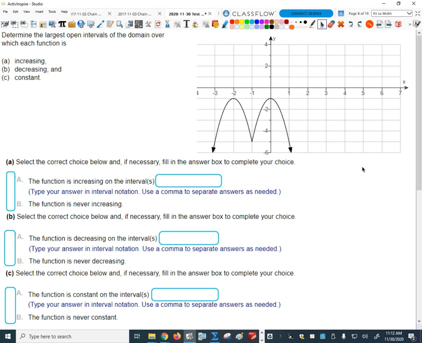Okay, what about this? Now we're back to the increasing, decreasing, constant stuff, right? So they gave us a graph of a function in this case, and they want us to define the open intervals where the function is increasing, decreasing, constant. Okay, so where is it increasing, first of all?